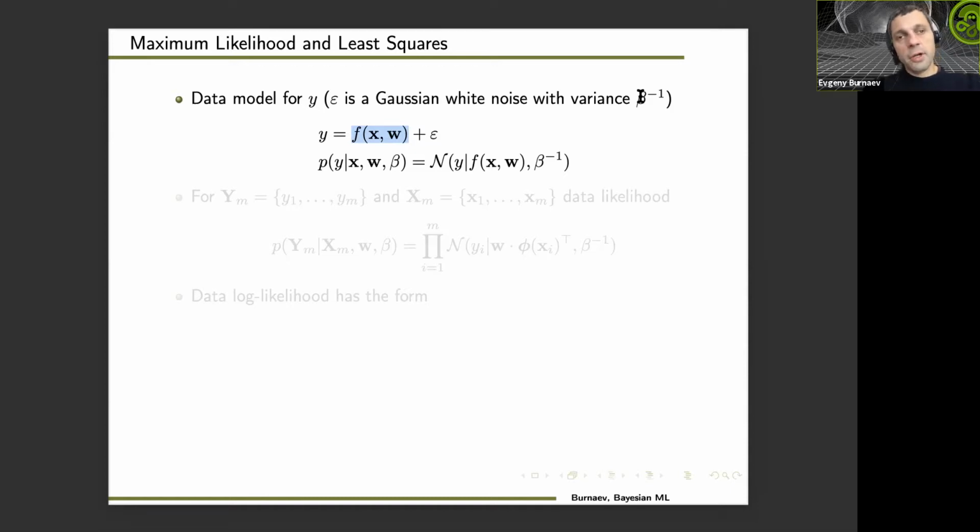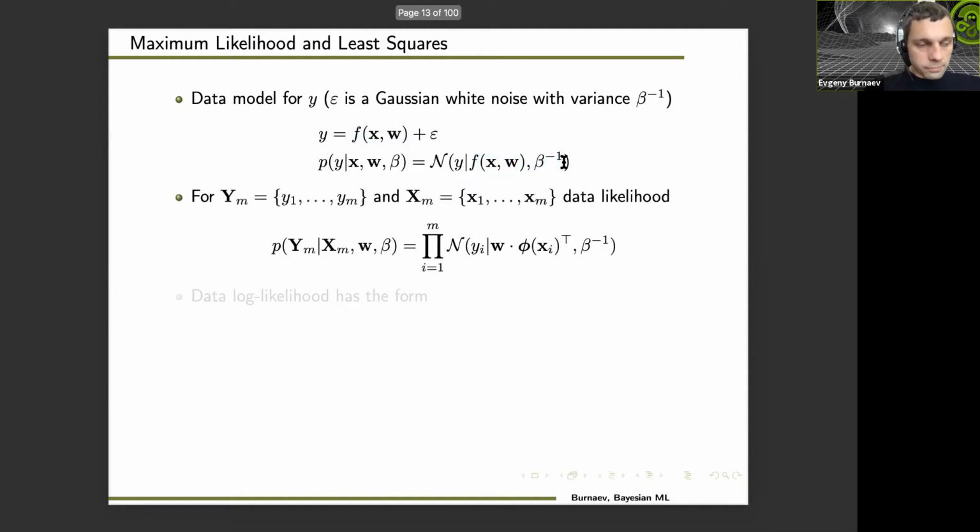Beta is a parameter of the white noise. And so the predictive distribution of y given x and parameters of the model is given by the Gaussian distribution with mean value equal to f of x, w and variance defined by beta.